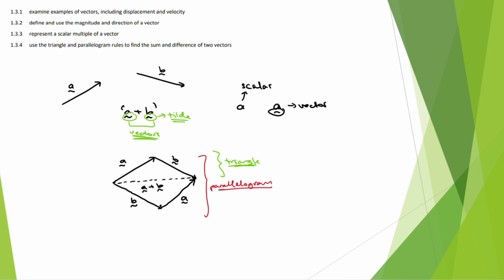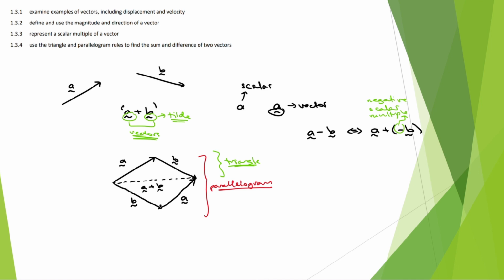Similarly, if I want to find A minus B, that is equivalent to A plus minus B. And so here I can see I have a scalar multiple of B, and importantly, the scalar multiple is negative.